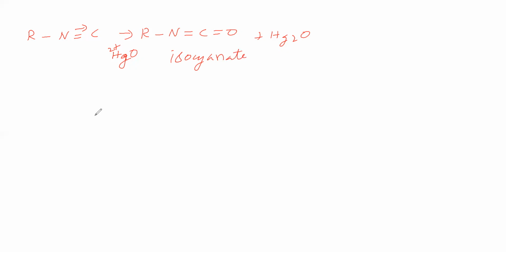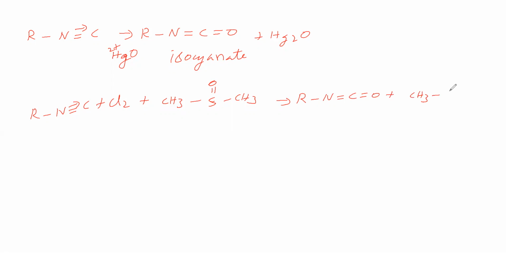Then the next oxidizing agent we can take is chlorine and dimethyl sulfoxide. So this isocyanide with chlorine and dimethyl sulfoxide gives isocyanate, and we are getting so and so.